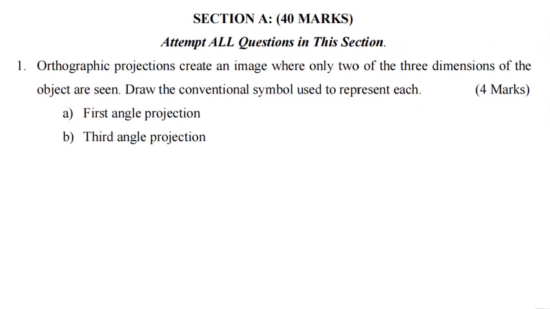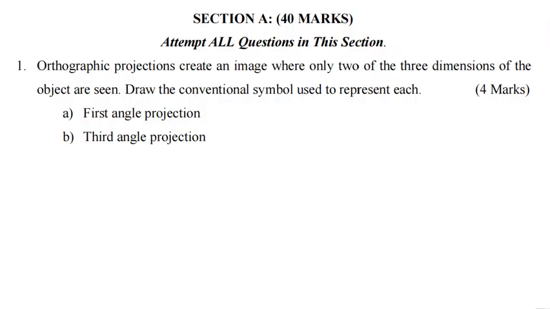So the first question: attempt all questions in this section. The first question here reads as follows: orthographic projections. Create an image where only two of the three dimensions of the object are seen. Up to here, we have not started getting the question.